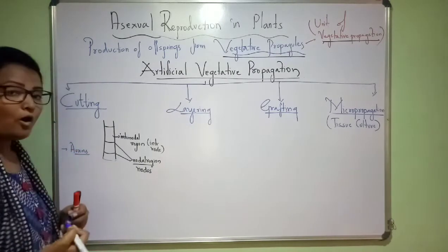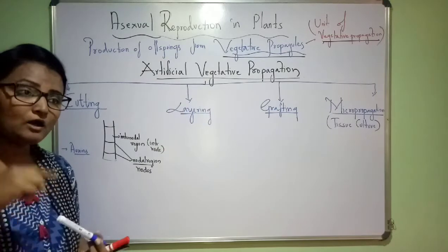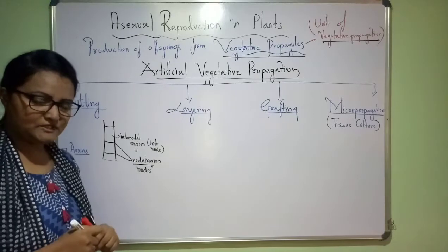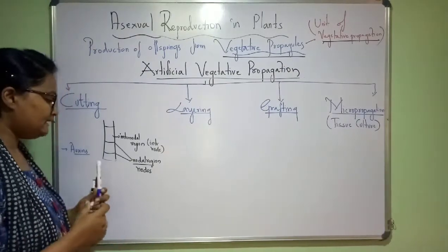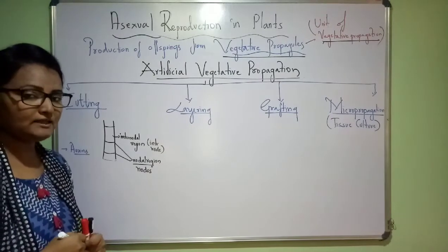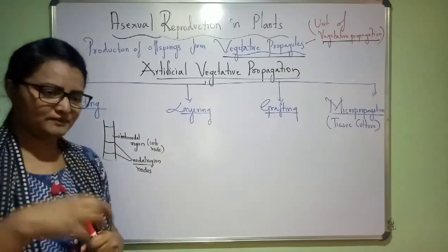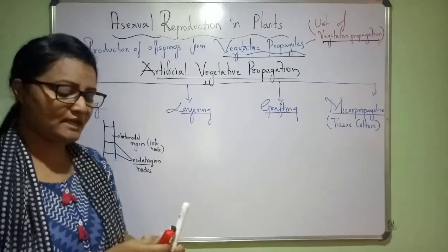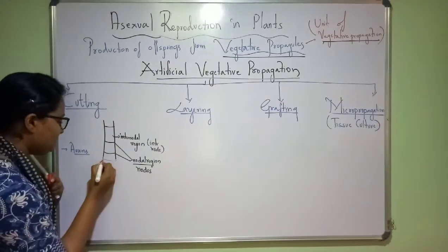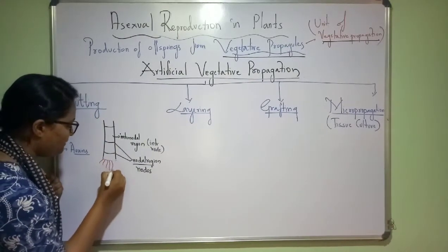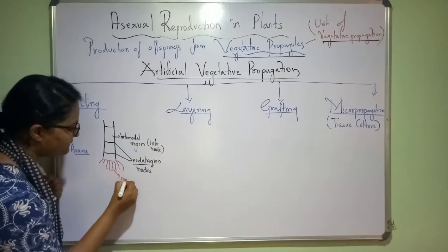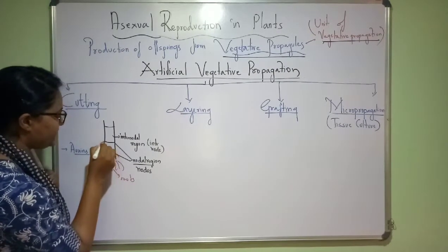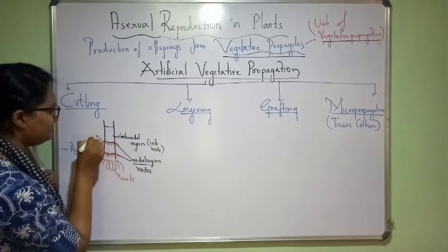We know auxins help in growth, like mitotic division. After some days, roots form at the nodal region, adventitious roots.